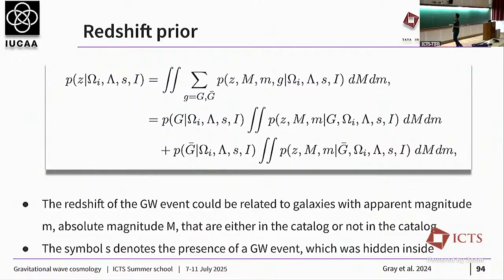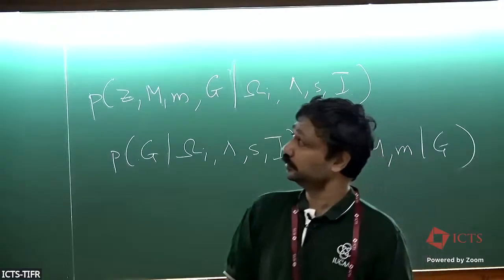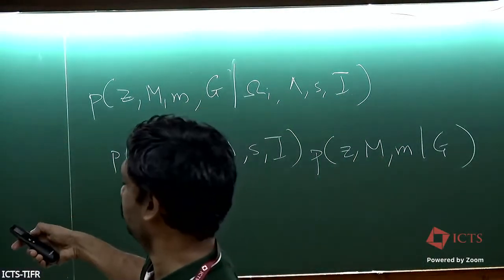And this I've written down as P of G given my omega I, lambda, S, and I, times the probability of the Z, M given G. Okay, that's what this has done.